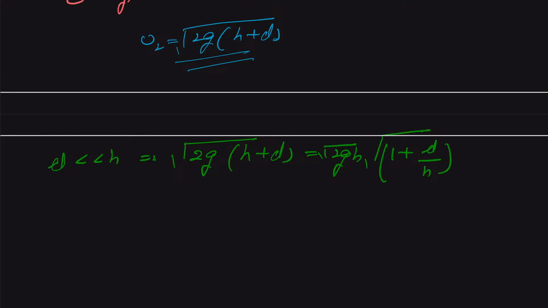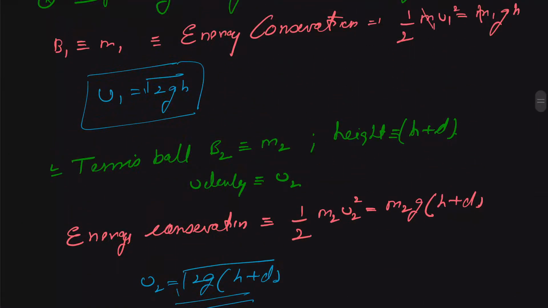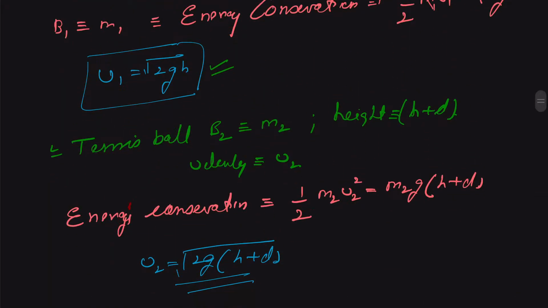Obviously this ratio, d upon h, will be very small. Therefore, this is approximately equal to the square root of 2gh. And the square root of 2gh we know is our v1.